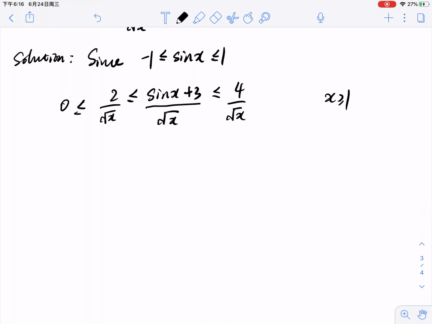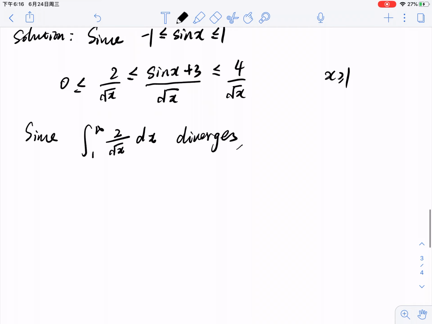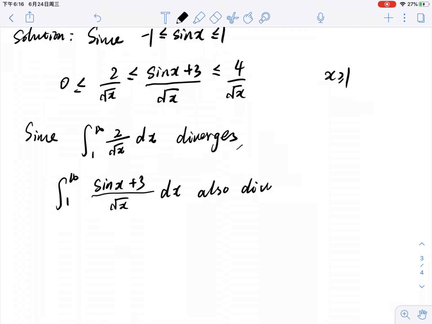We know the integral from 1 to infinity of 2 over the square root of x, dx diverges. Then the integral from 1 to infinity of (sin x plus 3) over the square root of x, dx also diverges by the comparison test.